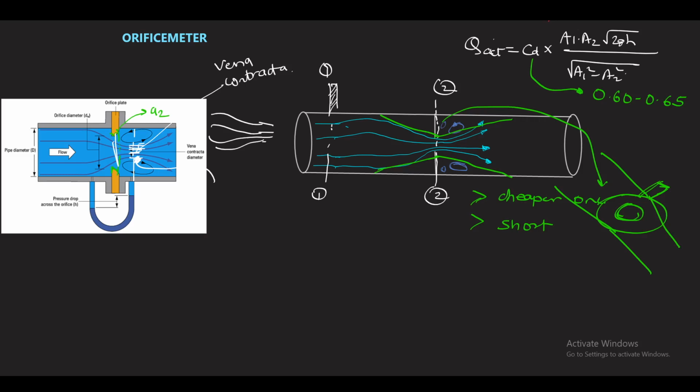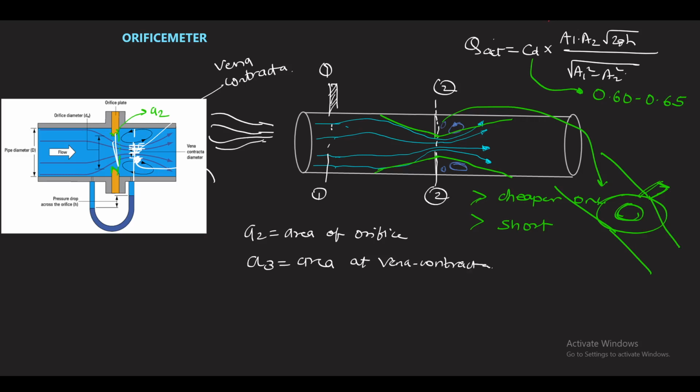Again, in the orifice meter, as I said, CD, A2 is the area of the orifice, and the third area I am considering is at the vena contracta, that is A3, the area at vena contracta.